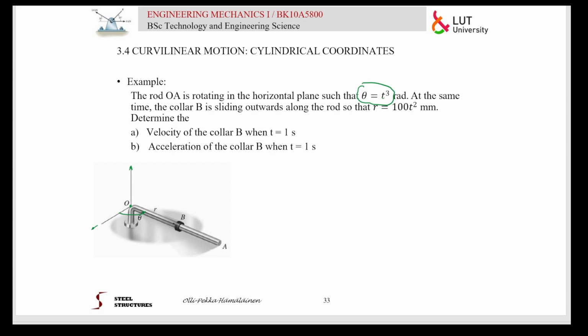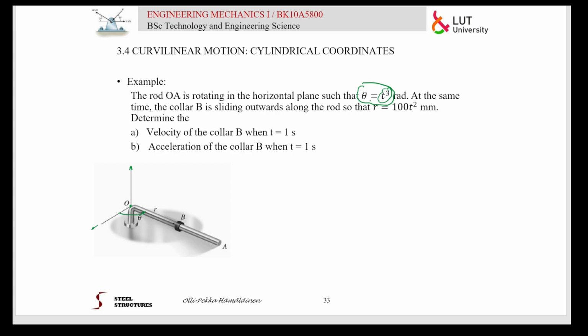At t equal to 1, theta is equal to 1, meaning that theta changes with time. And if theta changes with time, it validates that this is rotating at a certain angular velocity.